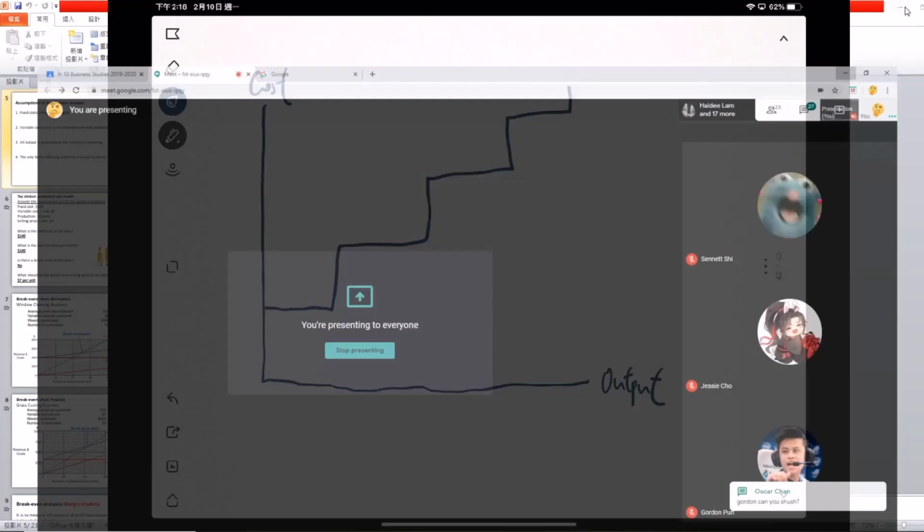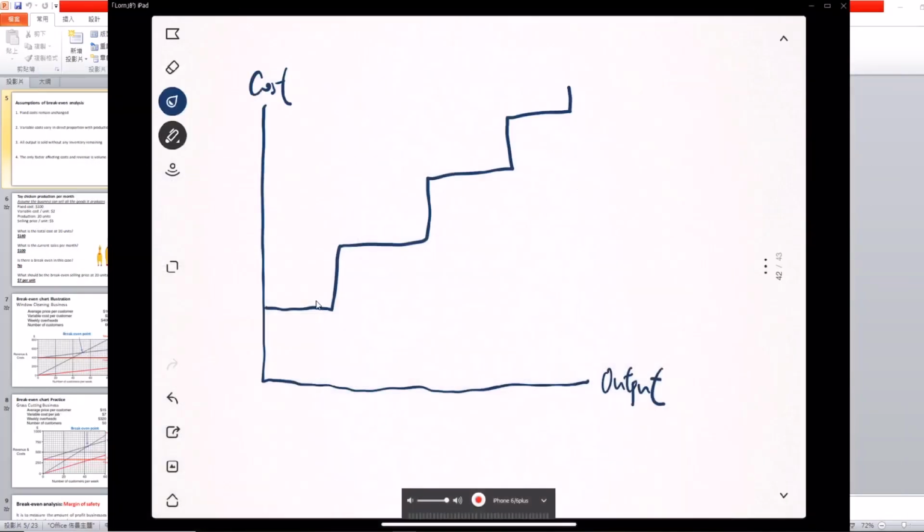So in reality, think about this. If I'm trying to produce a specific amount of goods, then the fixed cost should be a horizontal line. But there should be a point where that factory is not able to satisfy your current output anymore, and that's why you have to find another factory.